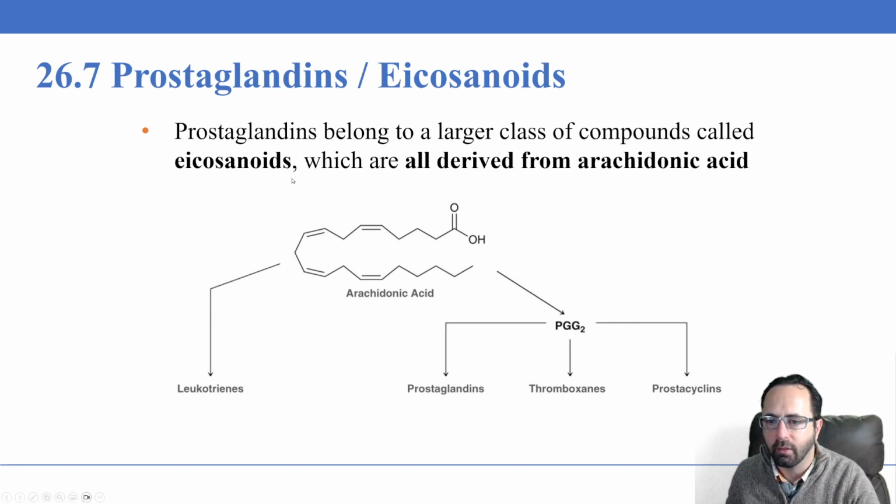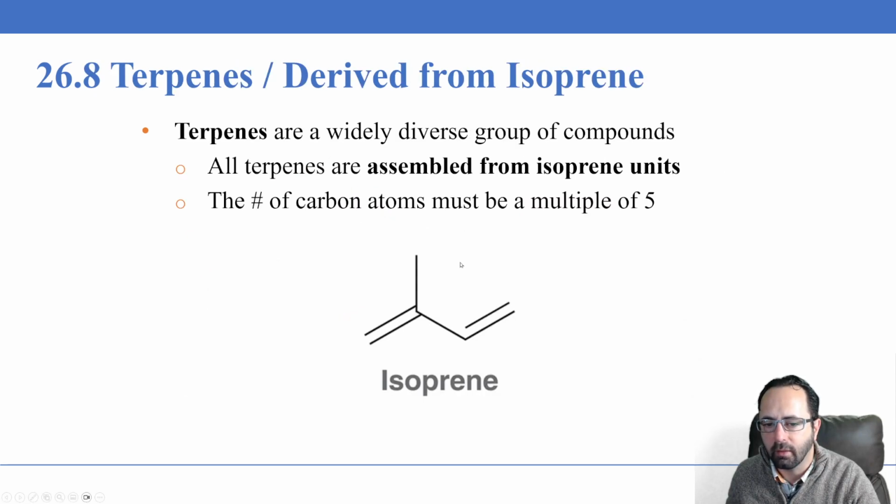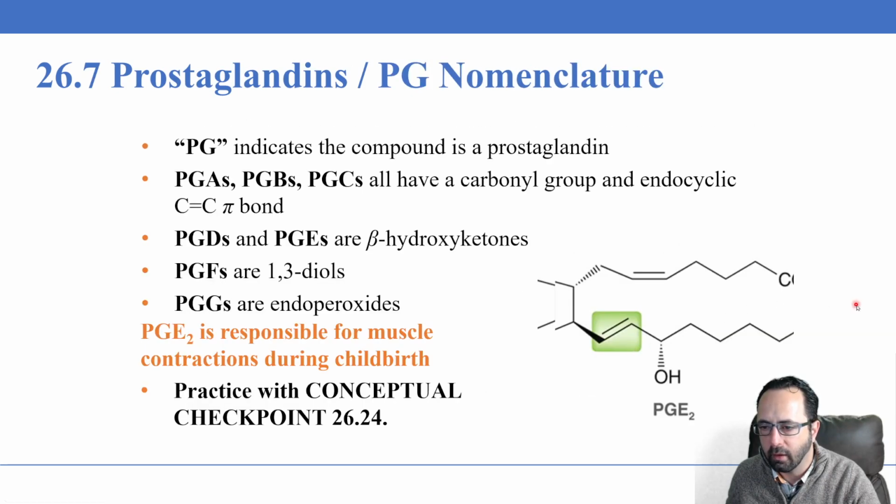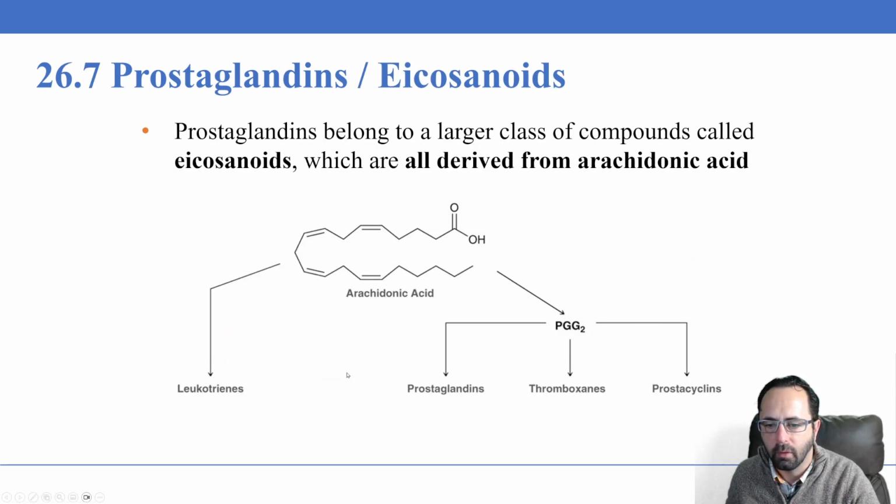They're all called eicosanoids, and they're all derived from arachidonic acid, a polyunsaturated carboxylic acid. These are examples of side groups here. So this is a PGE prostaglandin, and PGE2 is responsible for muscle contractions during childbirth.